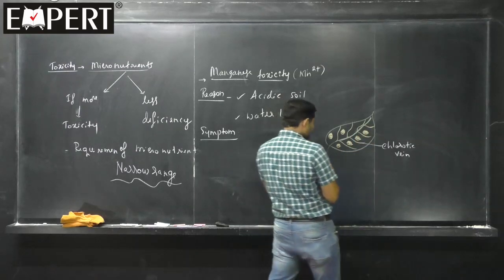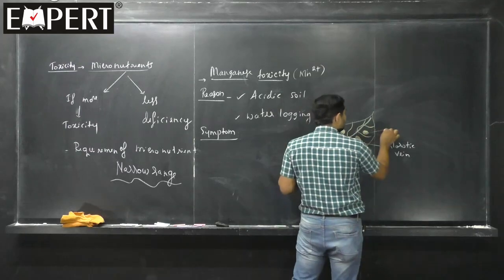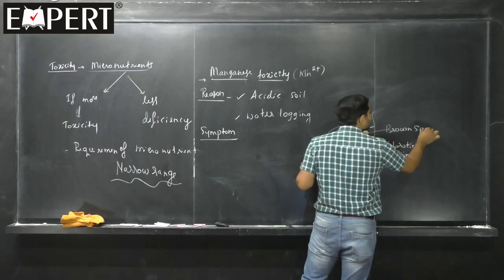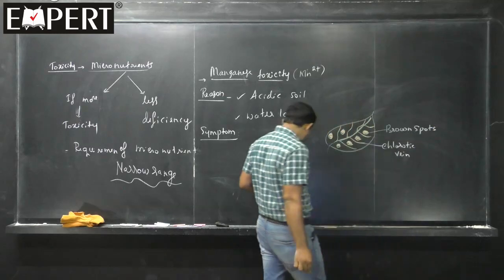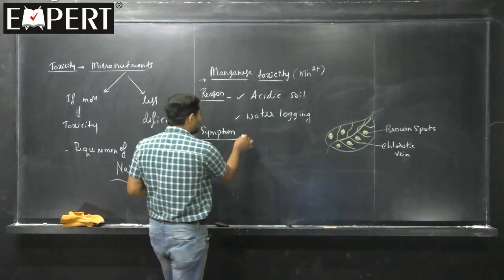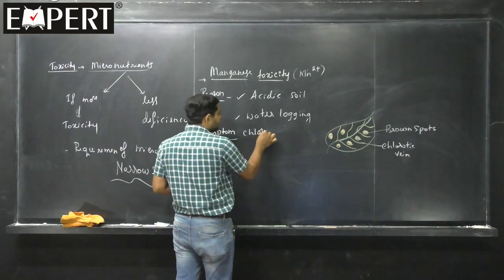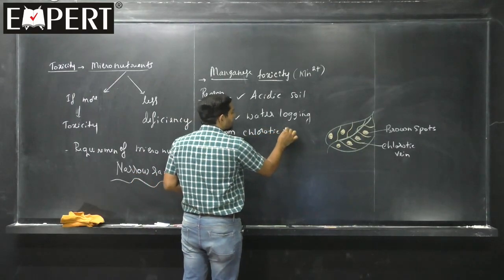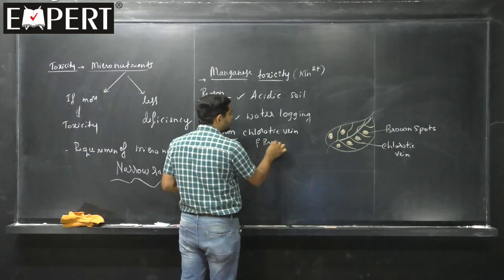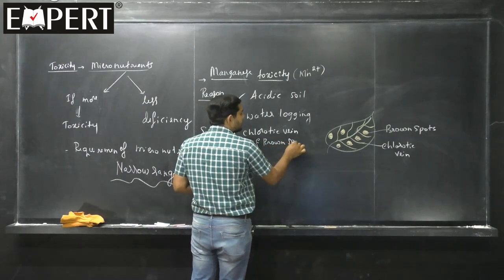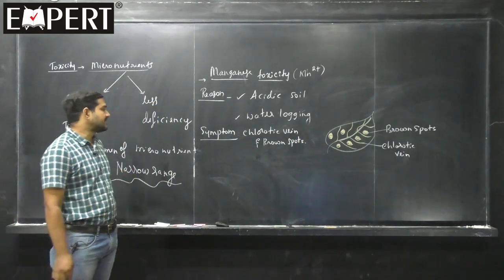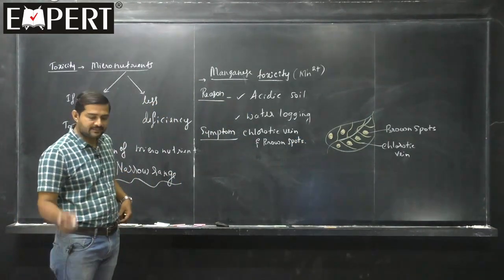So, the brown spots, the chlorotic vein surrounded by brown spot, so right here chlorotic vein and surrounded by brown spot is the symptom of manganese toxicity.